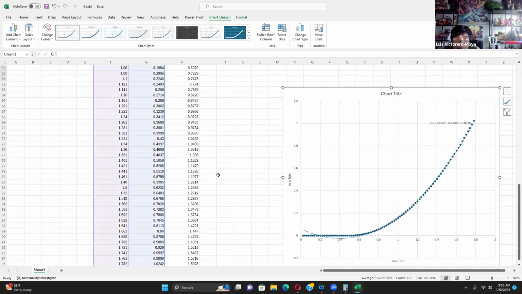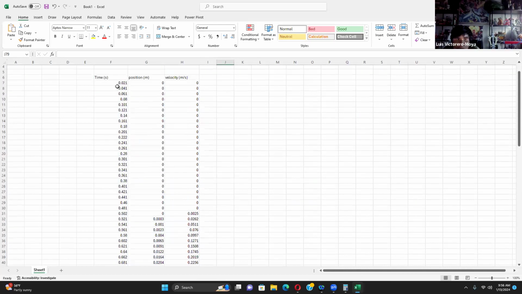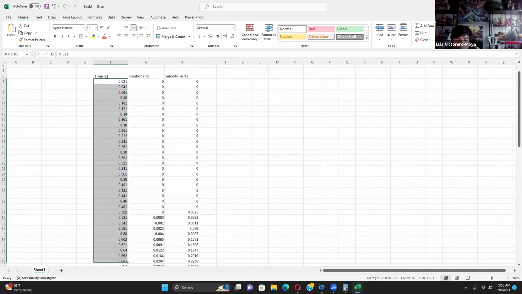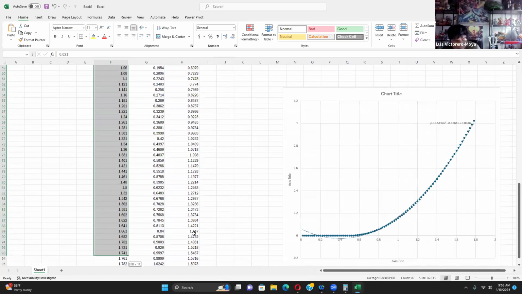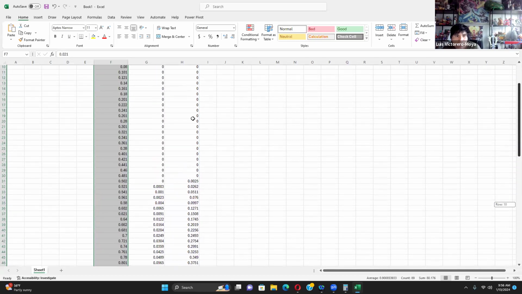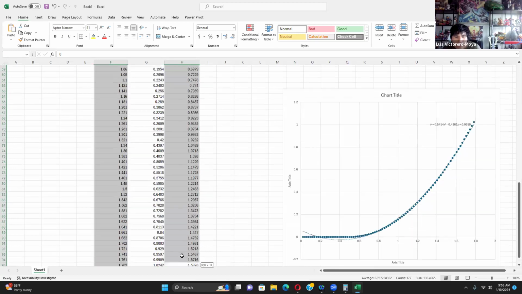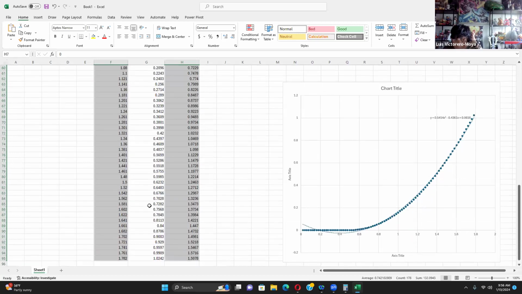What about the velocity versus time? So time is here, velocity is here. You could use all the data, which should be fine. And then you're going to make sure you select these two columns. See what I'm doing? You can do that by pressing Control, by the way.